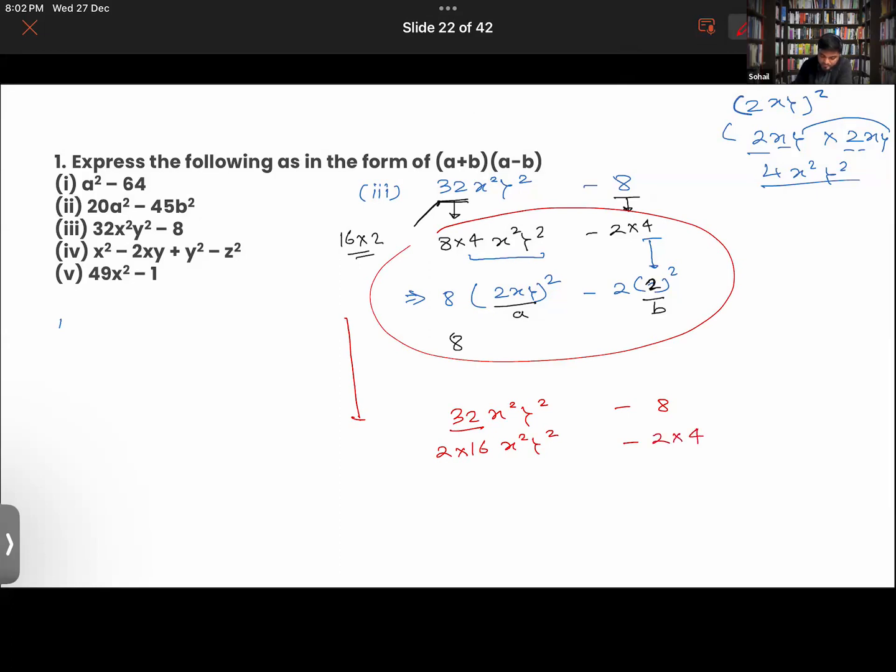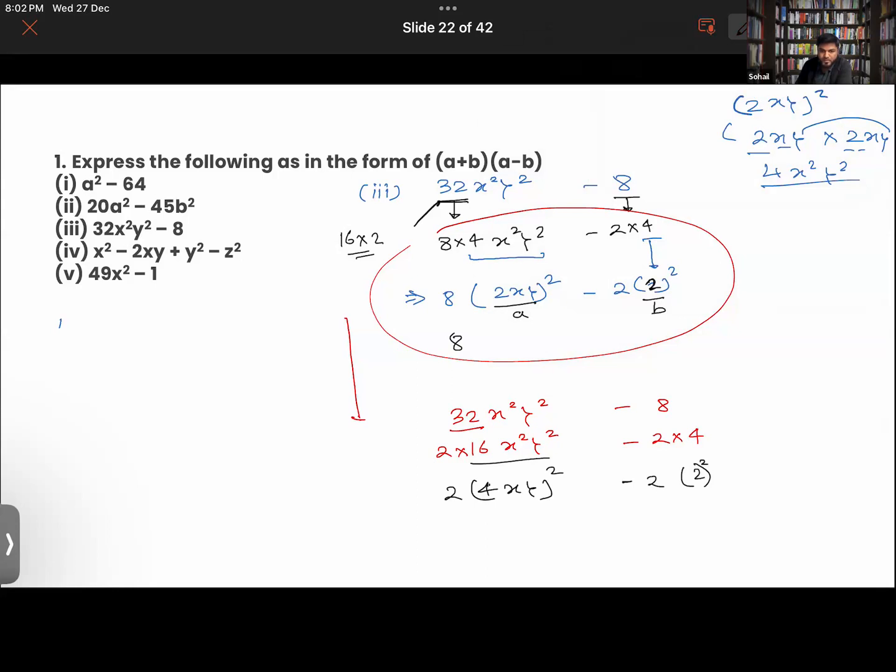Now you'll understand why we are doing this. 16x square y square, can we write this as 4xy whole square? Yes, sir. 2 times 4xy whole square, and this as minus 2 times 2 square, 2 whole square.